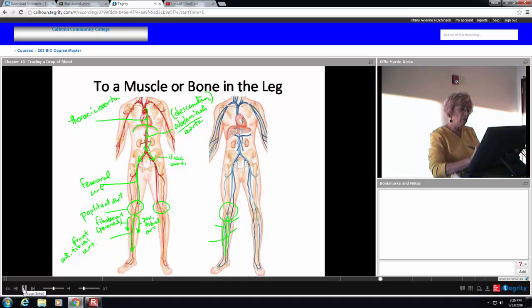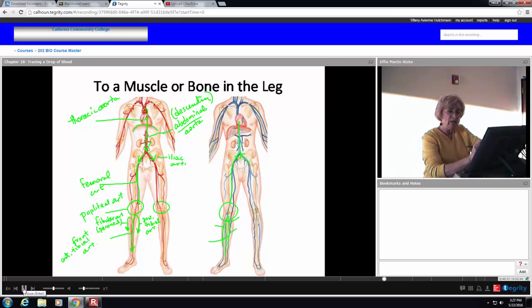Then you go through popliteal, and then you go through femoral. When the femoral vein enters the body pelvic area, you're going to be in the iliac vein. Then your two iliac veins join together to form the inferior vena cava that's going to go back into the right atrium of the heart.